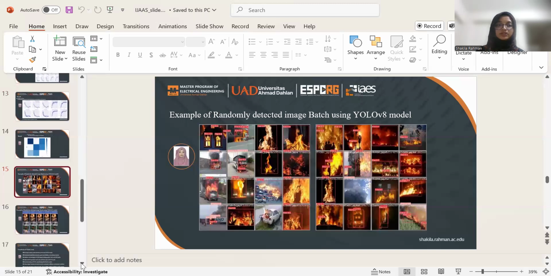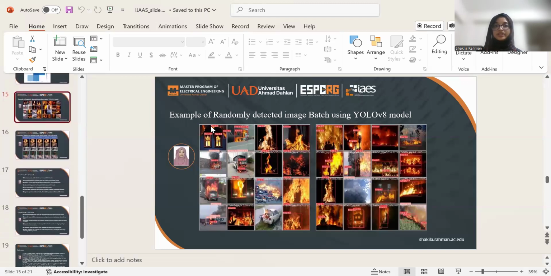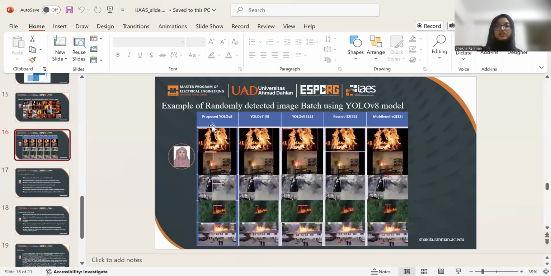Here are some examples of randomly detected images from the YOLO v8 model, where the detection accuracy is higher. We can see that in the next slide. These are images from our proposed YOLO v8 model, and these are from YOLO v7 and YOLO v5, which are the baseline models.